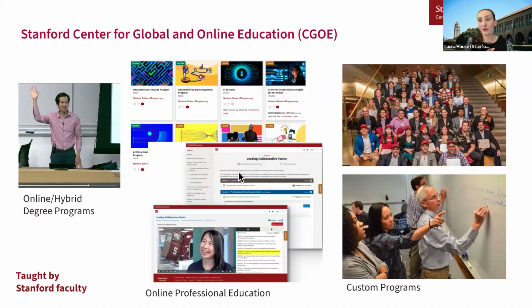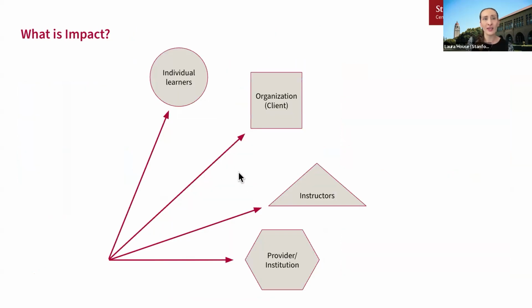We have programs in technical topics like AI and cybersecurity, and also programs on leadership, emerging energy innovation, and digital transformation. It's a huge variety of topics. And all of these programs, of course, have very different learning outcomes, so we expect them to have very different kinds of impacts on learners and on organizations.